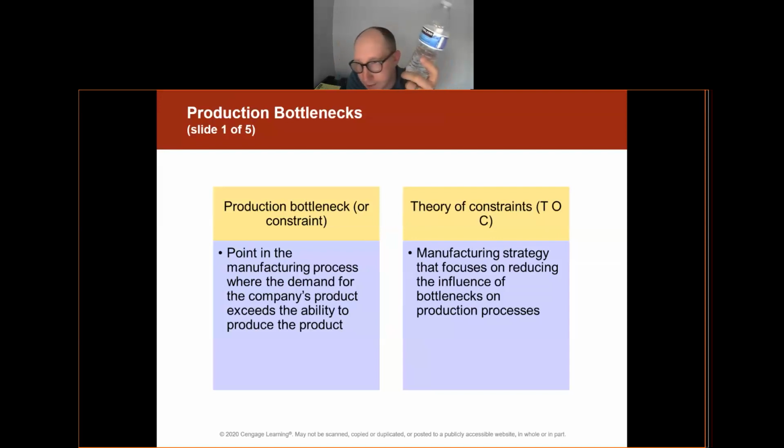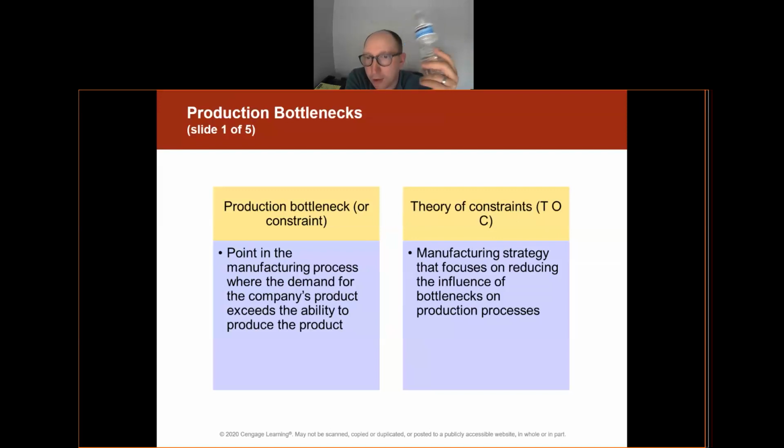The same concept applies in manufacturing. There is a point where demand for the product exceeds the ability to produce it. We call that a bottleneck. When demand's so high and I can't get enough of it out the door, that's a bottleneck. It's a constraint.